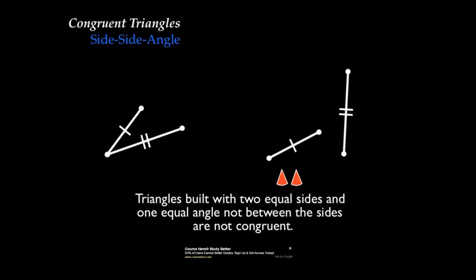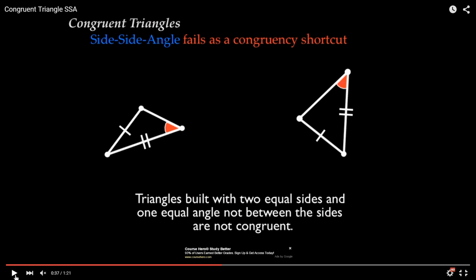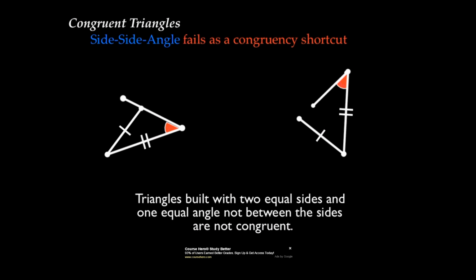You add the equal sides. Notice the angle is not sandwiched between the sides. If you watch, when you have 2 sides and then an angle, you can get 2 different kinds of triangles. See, that third side doesn't necessarily match up.